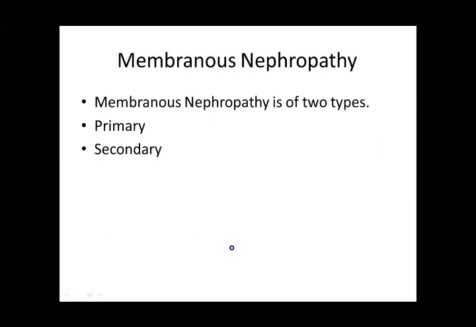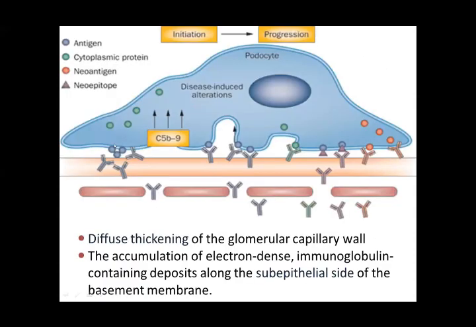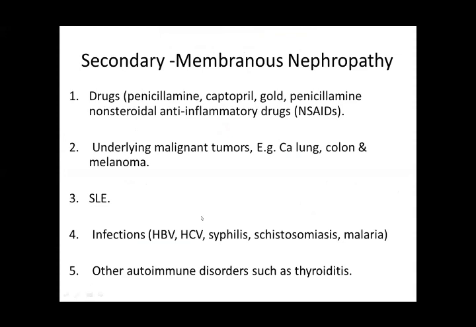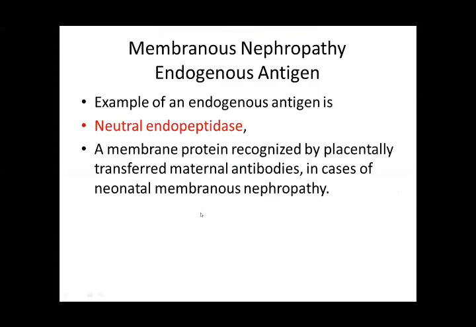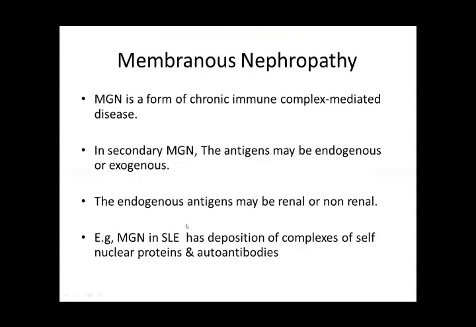So look at the same diagram. These antigens can be exogenous or endogenous, right? They can come from outside the body or they can be formed inside the body. If they are formed inside the body, they can be of renal or non-renal origin, right?